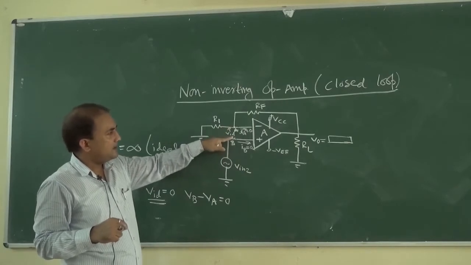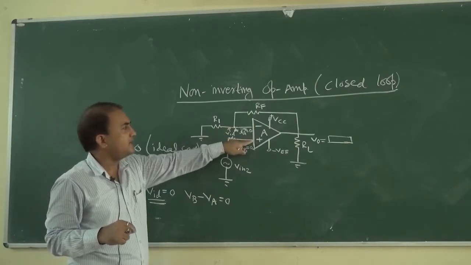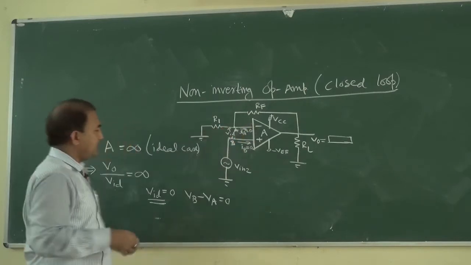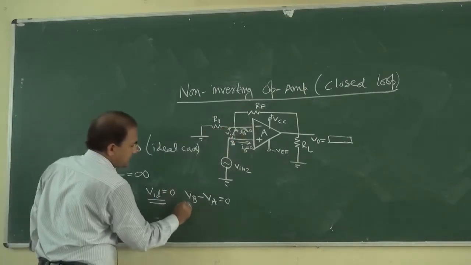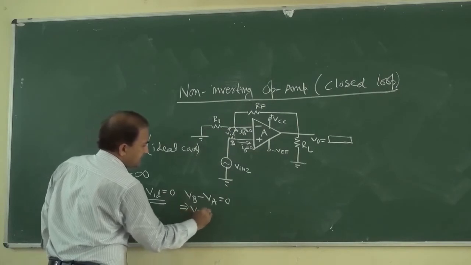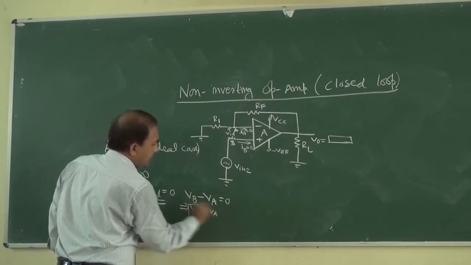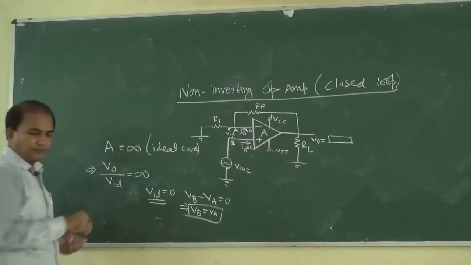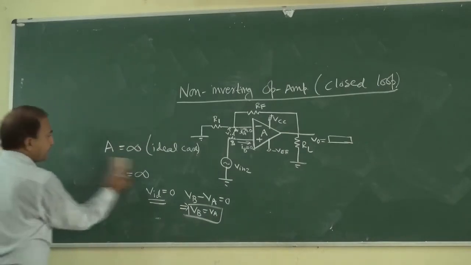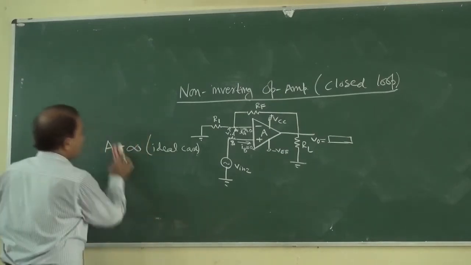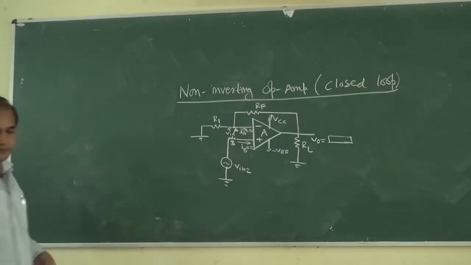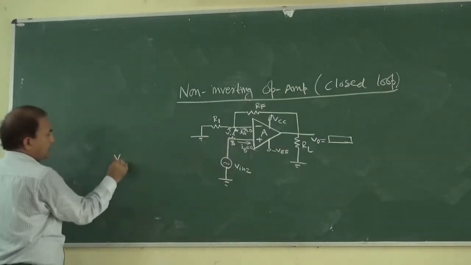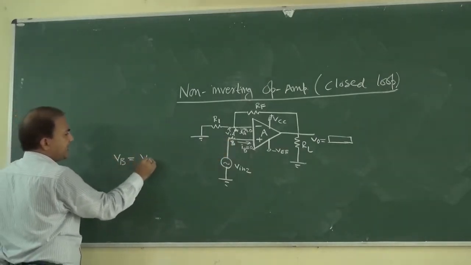VB is connected to the non-inverting terminal and VA is connected to the inverting terminal. Okay. So from this we can say that VB is equal to VA by using the virtual ground concept. So VB is equal to VA.